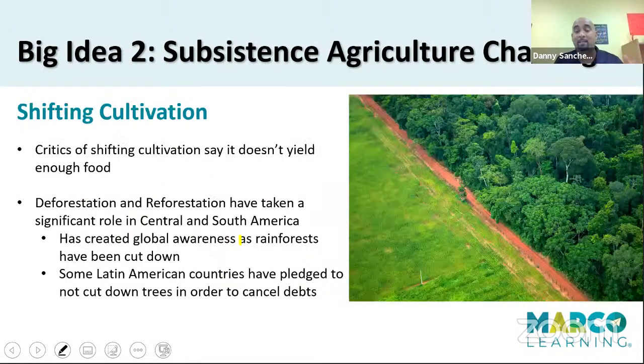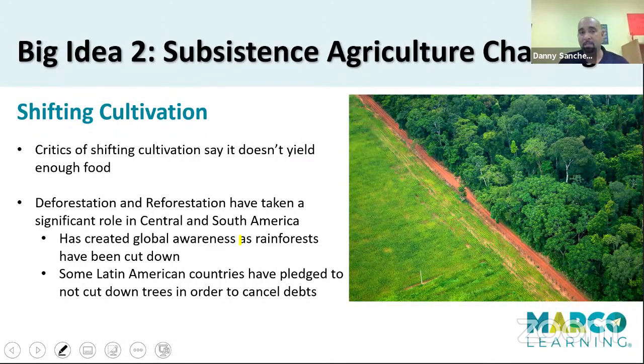All right. On the next slide, shifting cultivation, often referred to as slash and burn agriculture. This tends to happen in very humid tropical areas. It happens in Latin America, specifically Brazil into the Amazon, in parts of Central Africa, and pushes out towards Indonesia.